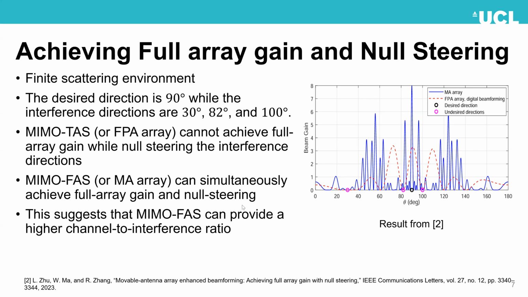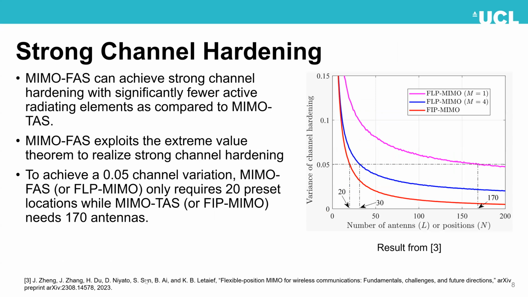Okay, so next is that the reference here actually shows that MIMO-FAS can achieve strong channel hardening with significantly fewer active radiating elements as compared to MIMO-TAS. Compared to MIMO-TAS that relies on the law of large numbers in massive MIMO, MIMO-FAS here actually exploits the extreme value theorem to realize strong channel hardening, and thus it requires much fewer active radiating elements.